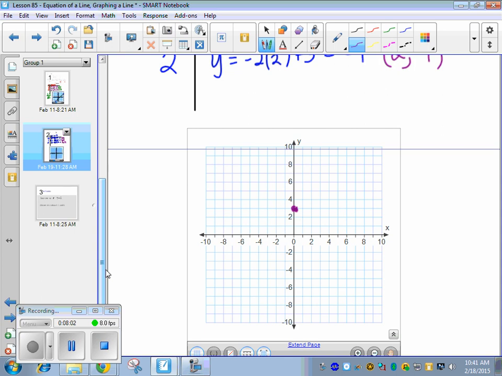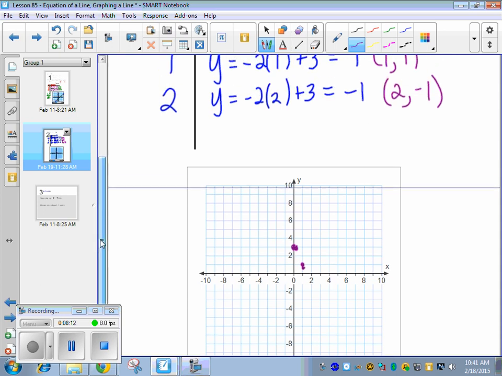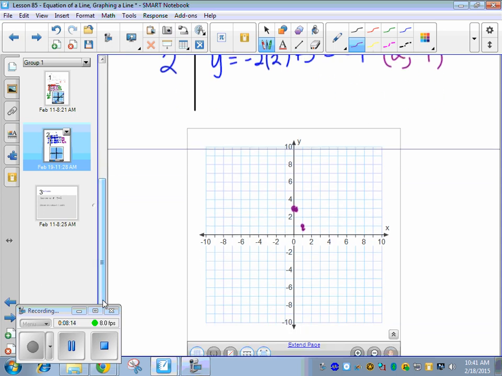Thomas. Nice. Good. All right, and then we have the last coordinate point, which was 2, negative 1. Who can show me where 2, negative 1 is? Isaac. Okay. Good. 2, negative 1. Okay, then you need a straight edge, and you're going to draw yourself a really nice line.